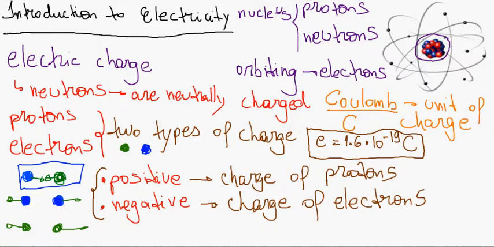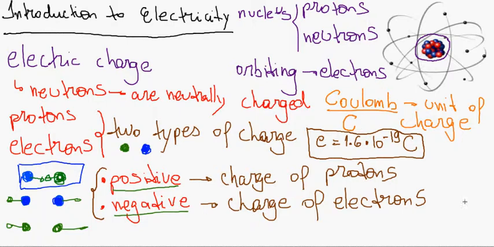They have opposite behavior. One we call positive, one we call negative. As we saw, different types of charge attract, equal types of charge repel. For electrons and protons, the value of the charge is the same. The difference is that one is positive and one is negative. They are opposite, but the value, the magnitude we can say, just for understanding, is the same.